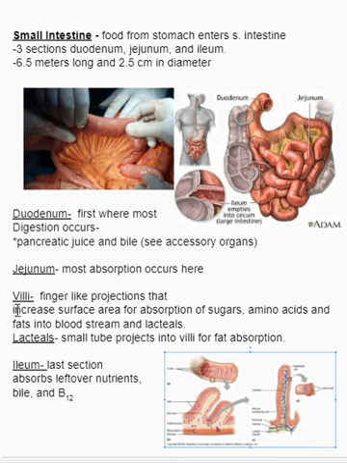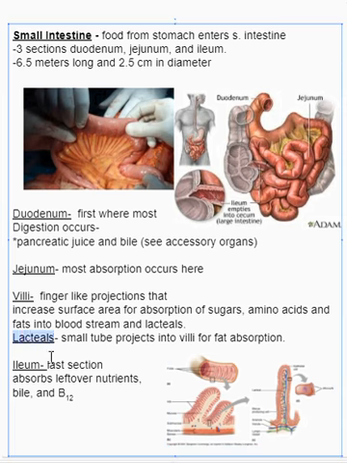So you have the villi, which have the blood vessels within them to absorb sugars and amino acids, and the lacteals are specifically designed to absorb fats. And then all that leftover material that hasn't been absorbed passes into the ileum, and the last bits of nutrients can be absorbed there, and then there's also going to be reabsorption of any bile salts that are left over, and some B vitamins are going to be picked up.